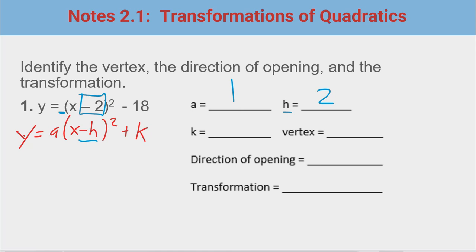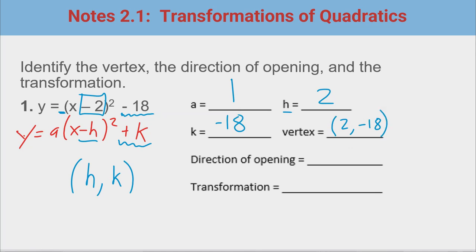The K value coming in here is whatever sign it is, right? So this is minus 18. So my K value is negative 18. So vertex is always H, comma, K. So my vertex of this graph would happen at 2, comma, negative 18.